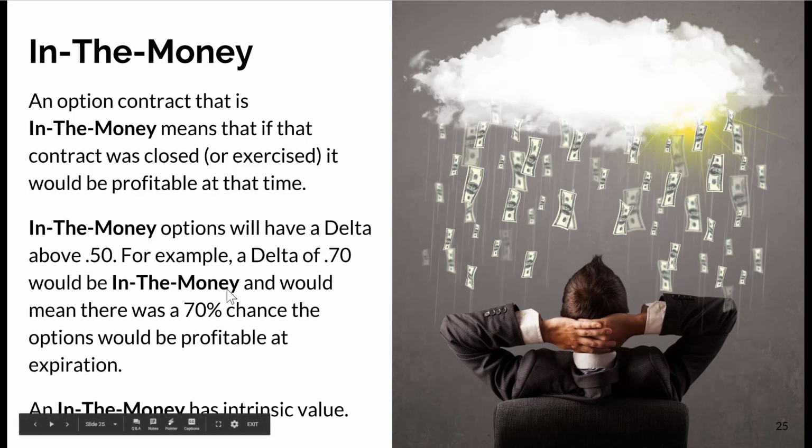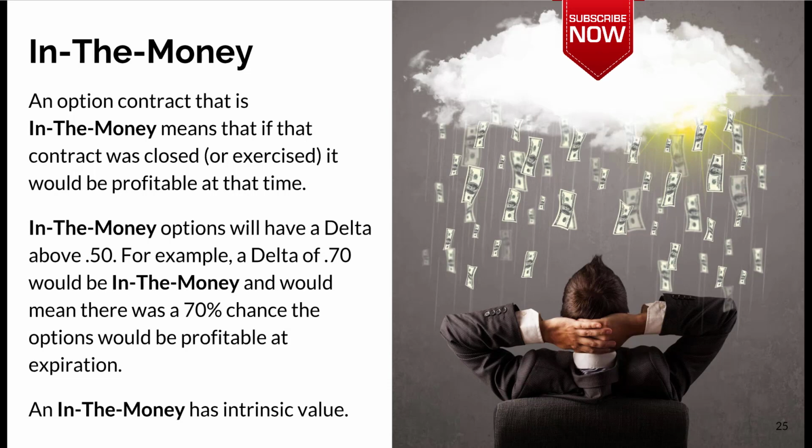An in the money option has intrinsic value. So unlike the at the money, these options are already below, in the case of a call, the existing price. And the opposite for a put. So if you're buying in the money put options, in the case of Apple at 219.31, you would be buying something like a 225 put, and that would be in the money.